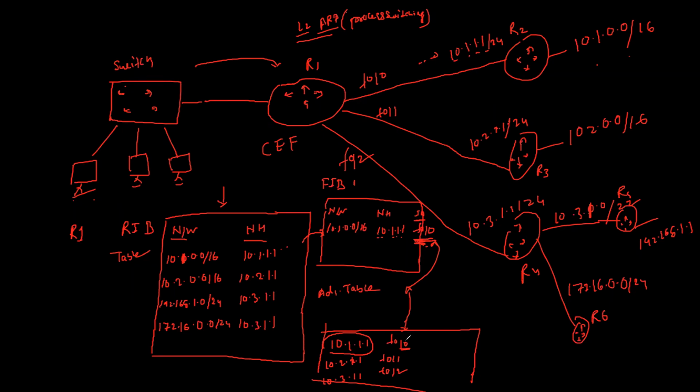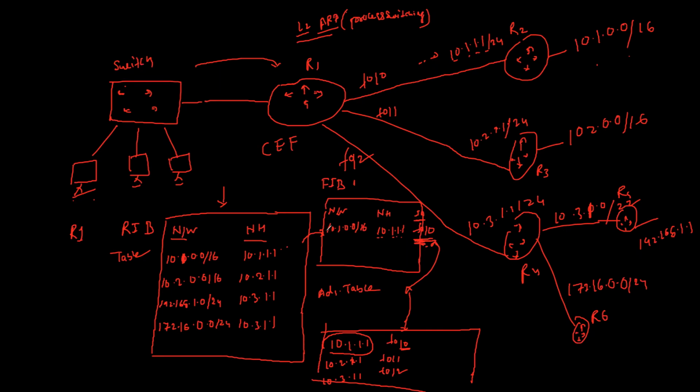In case any path goes down or something like that, the RIB, the routing information base, will update its database. The FIB will take the same information from there, and whatever the updates are, as per the adjacency table, it will verify and collect the interface also, which interface is going there, and it will update itself. The FIB updates itself.